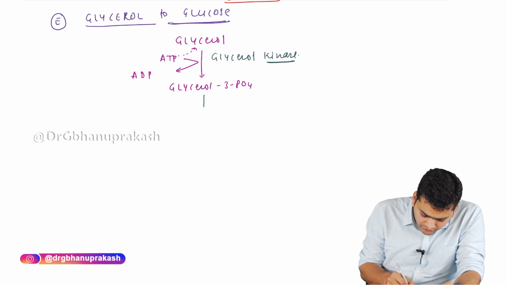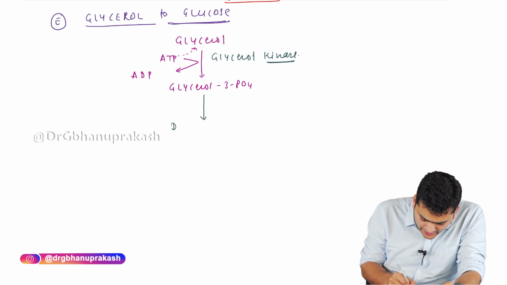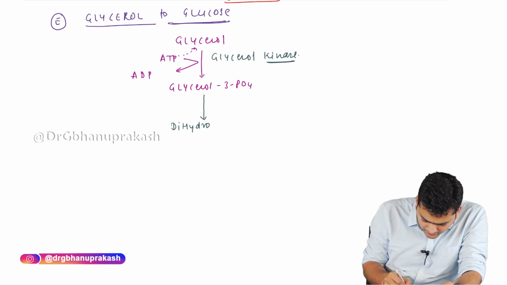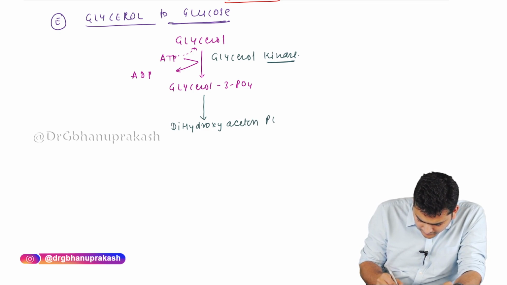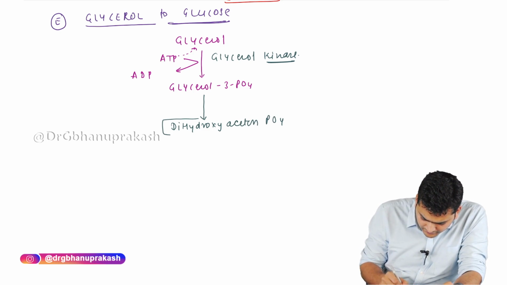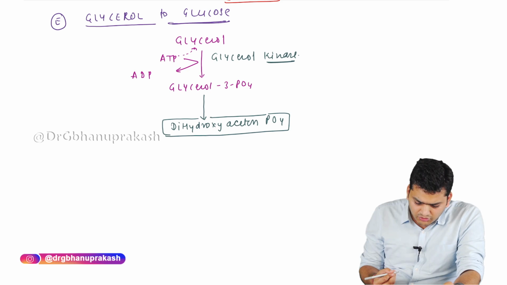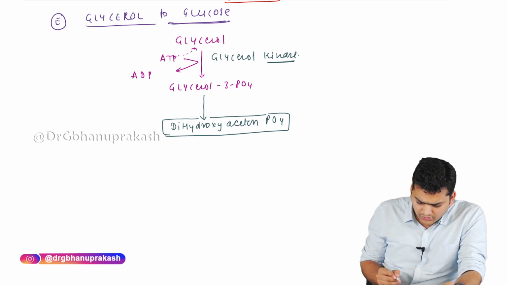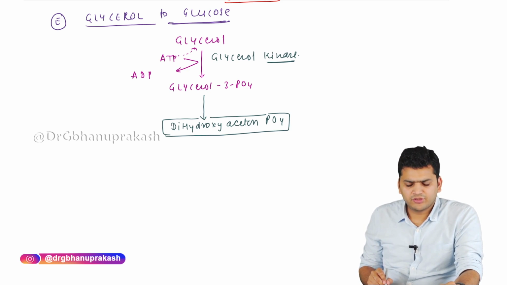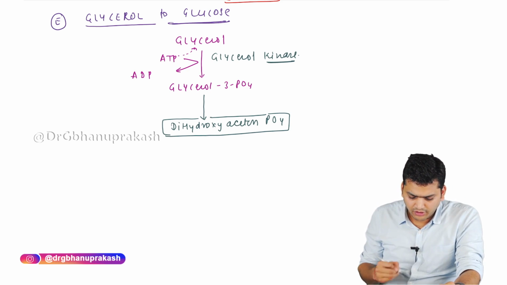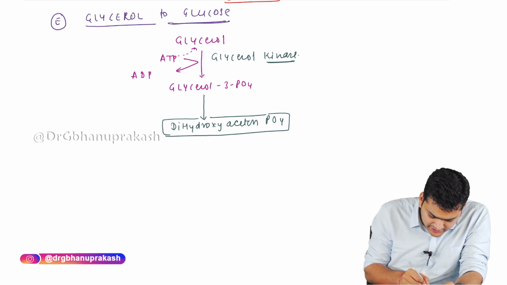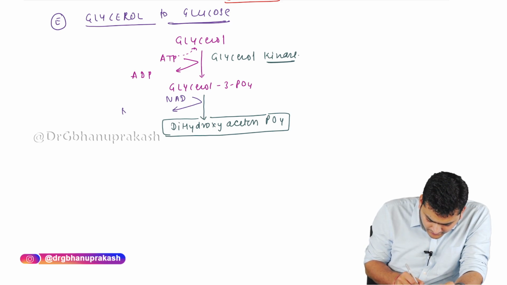Then this glycerol 3-phosphate will convert into something called dihydroxyacetone phosphate. To convert it, NAD comes into action and converts into NADH.